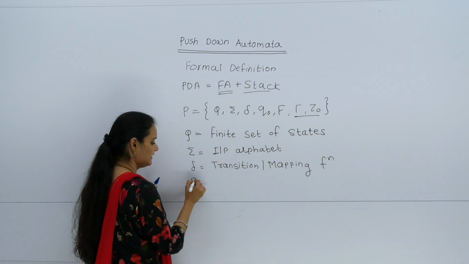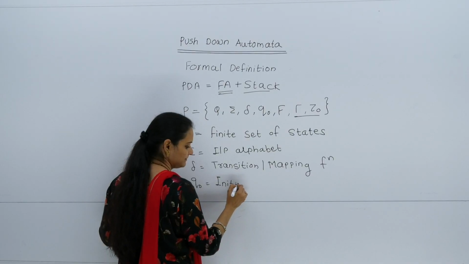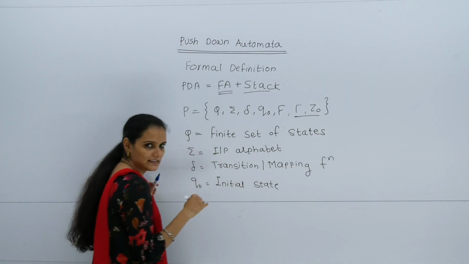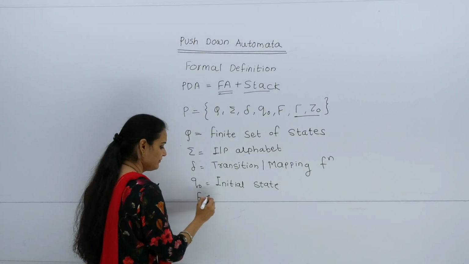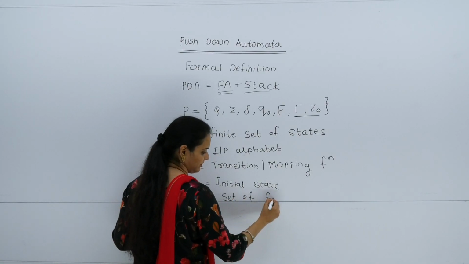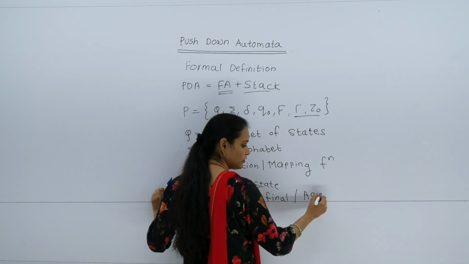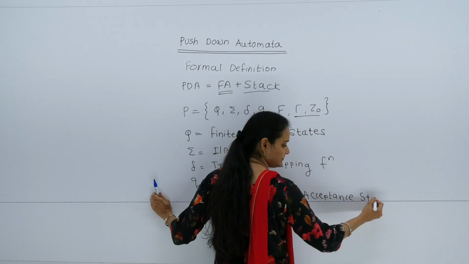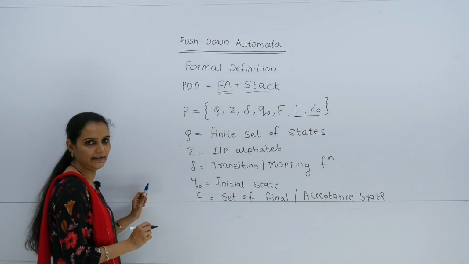Next, q0 is the initial state. The initial state is represented by attaching one particular arrow. Then F is the set of final states, which is also called the acceptance states.